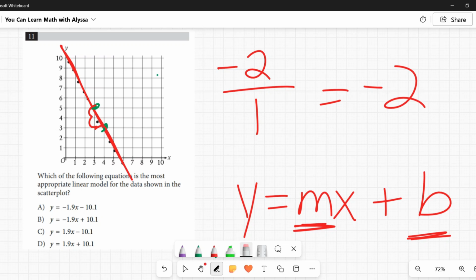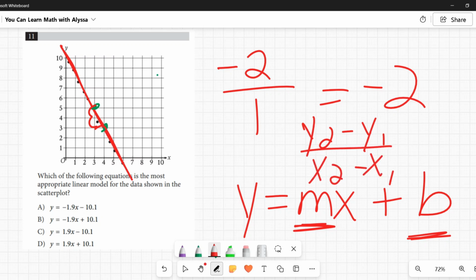The equation you'll also see in your math class is y2 minus y1 over x2 minus x1. It's where you pick those points and plug them in. So this first point would be (3, 5), and the second point is (4, 3).